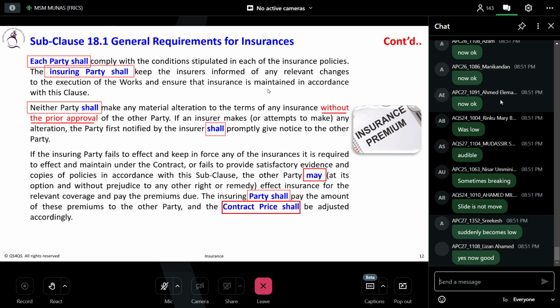Now the other way around. Let's say the employer is the insuring party and he didn't renew or extend the insurance. What will happen? What can the contractor do? He'll pay and deduct from the payment.